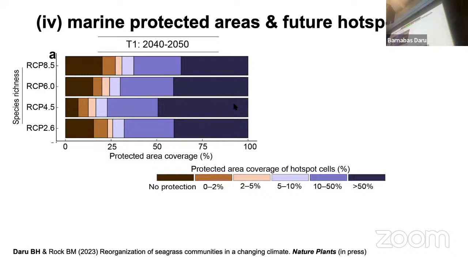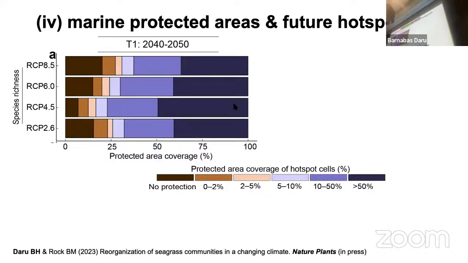And so this is protection levels for seagrass species richness hotspots for all the different scenarios, from a best case scenario in 2.6 to a worst case scenario of greenhouse gas emission.